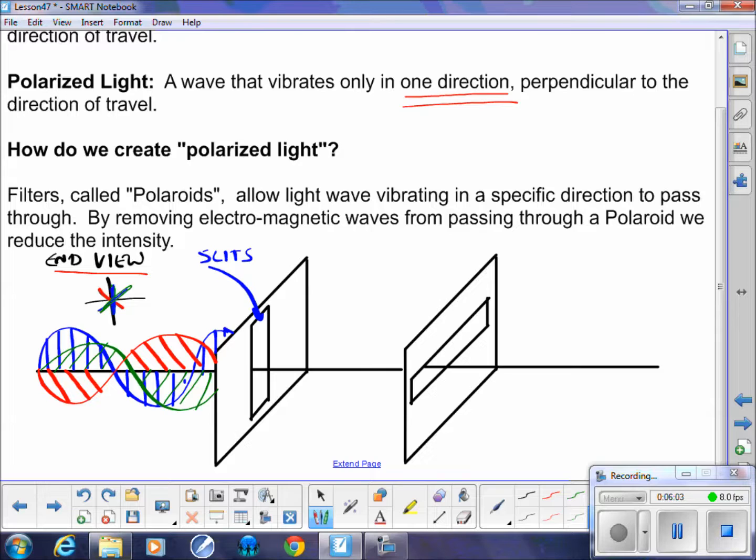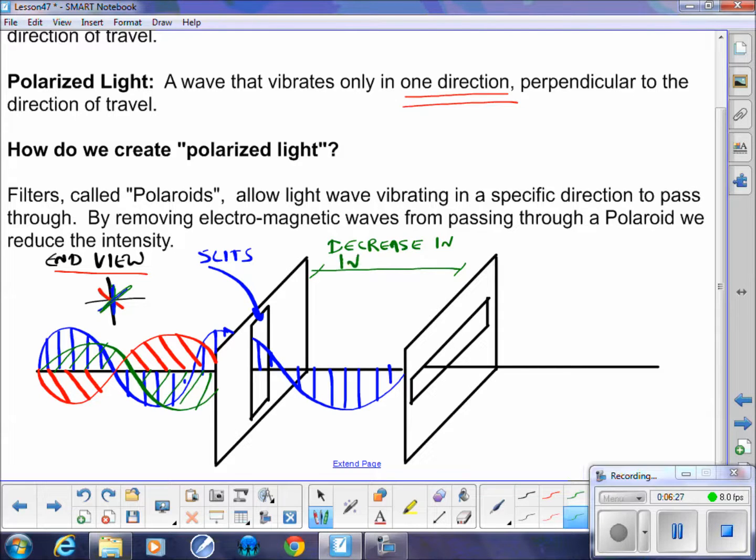So that means that if the slit is oriented vertically, only waves that are vertical will be able to pass through. All right, so my blue wave can pass through the slit because it's oriented in the same direction. All right, so what we have in this region then is a decrease in intensity of light.